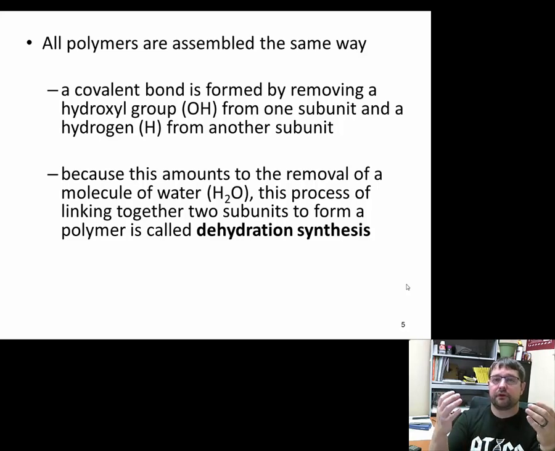But nonetheless, water is being removed. We call these dehydration synthesis or dehydration reactions because water is being removed. The hydroxyl group and hydrogen group are combining to form water. Energy is being added to form the bond between the two monomers to make a polymer.